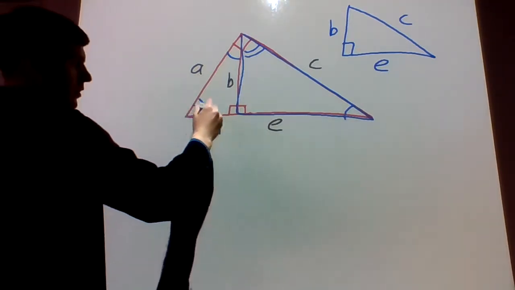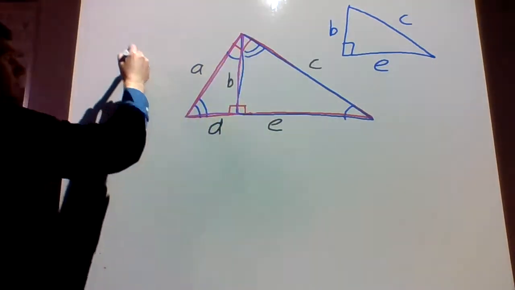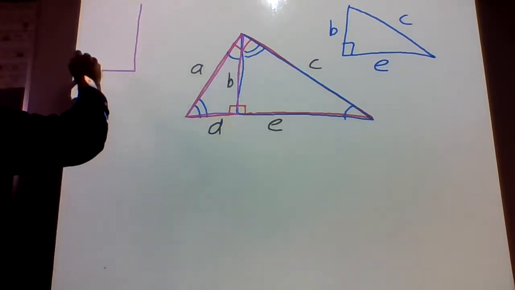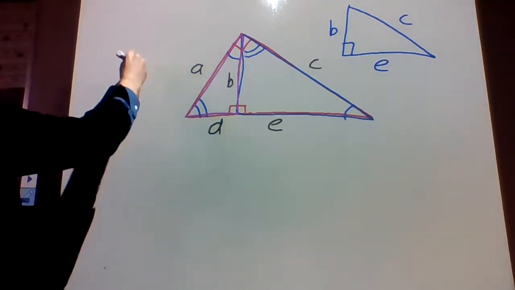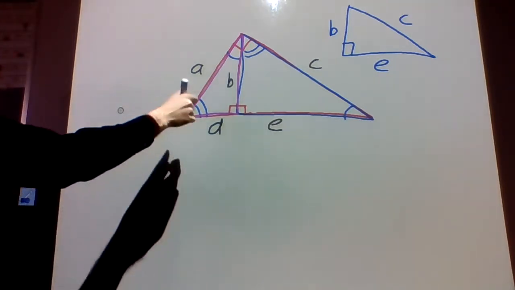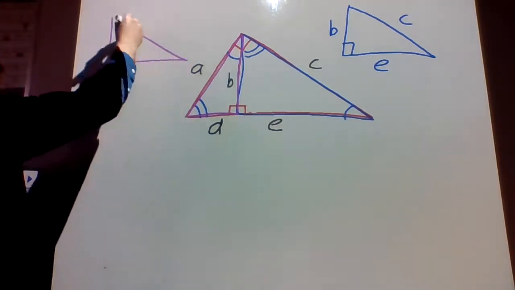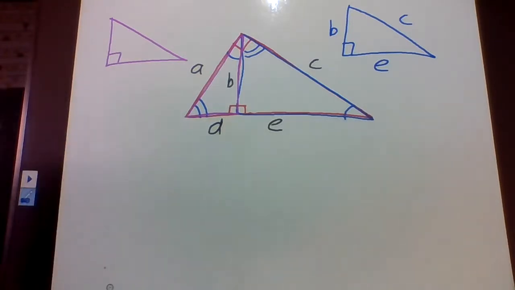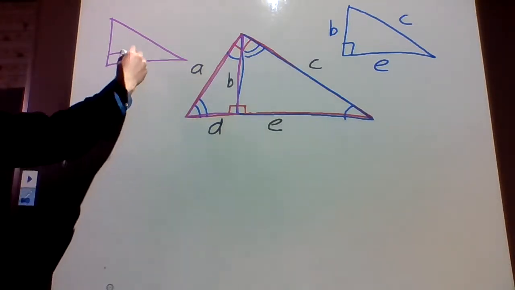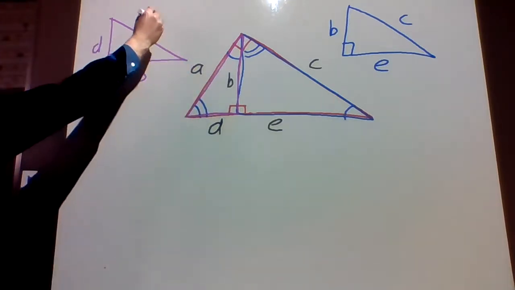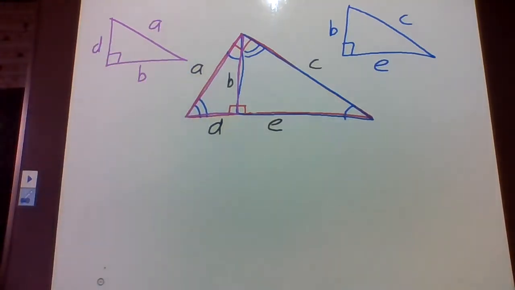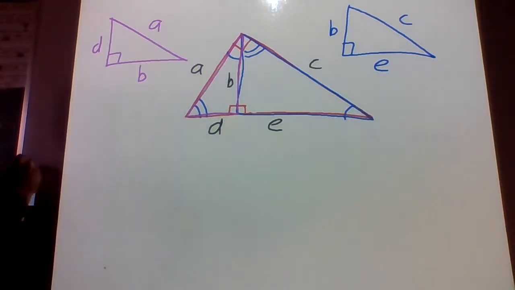Okay, then we can draw the other small one on the left. But let's rotate it about 90 degrees, so it's the same orientation as the other one. D is going to be on the bottom. D is going to be over here. A is the hypotenuse. And then finally, our red one, our big one.